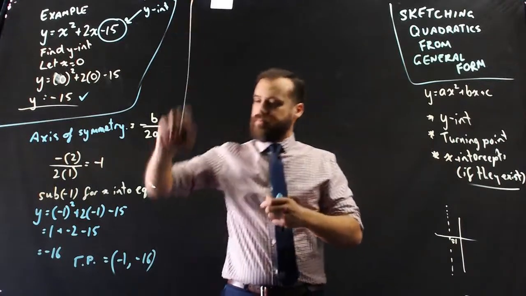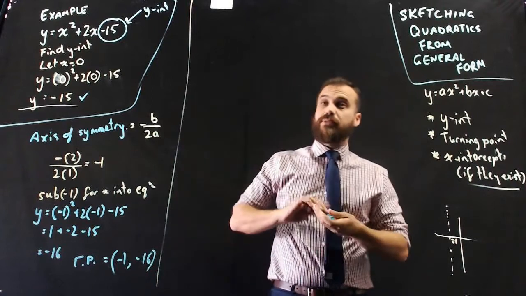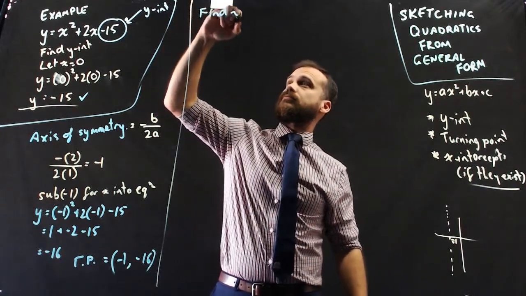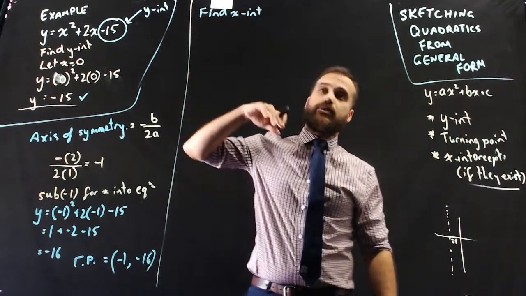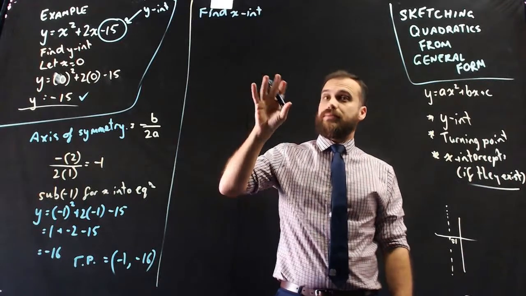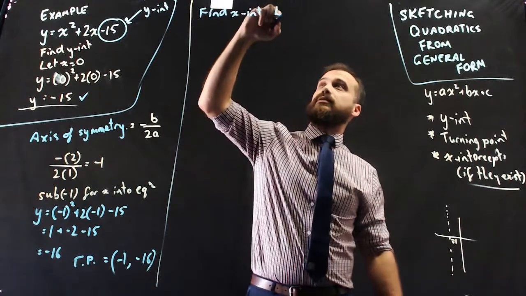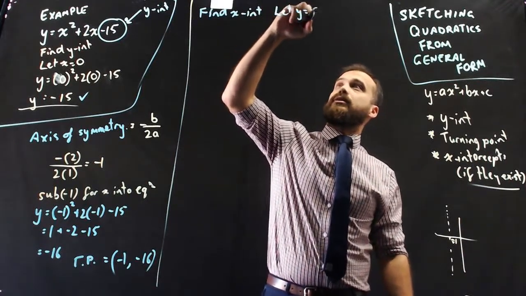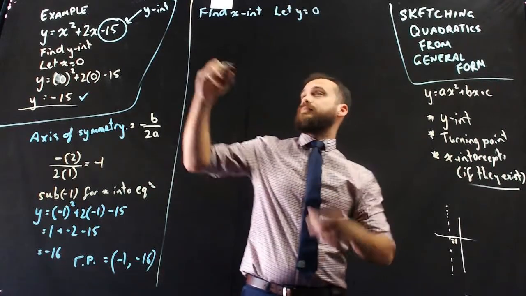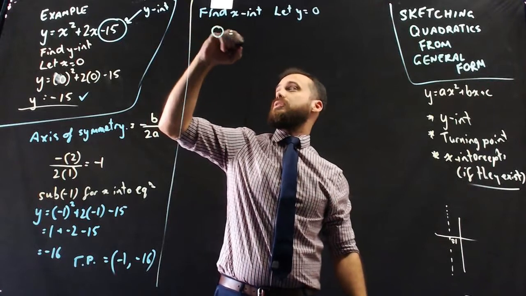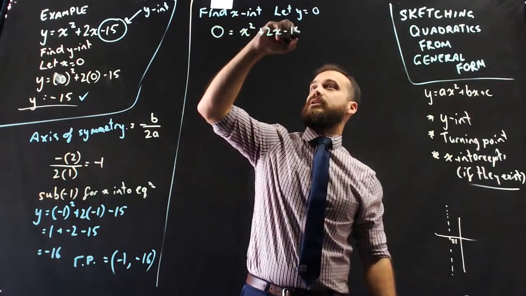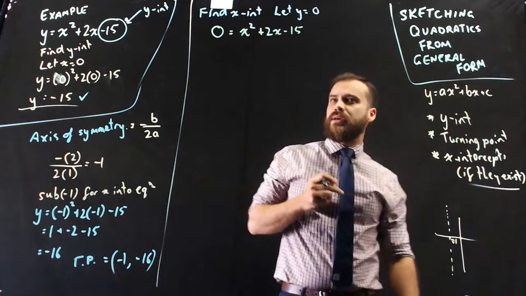Finally, I need to find my x-intercepts. These are sometimes called roots, sometimes called zeros. To find an x-intercept, it's always the same deal. Let y equal 0. So, in this one, that means that 0 equals x squared plus 2x minus 15.